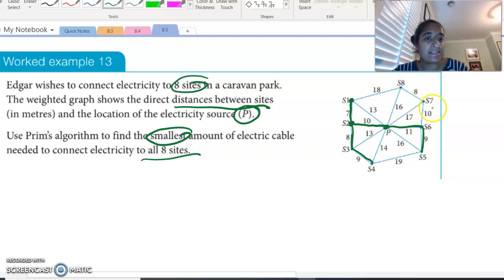Maybe we can connect this S7. If I go via this, is it easier to go via 17 or 10? It's easier to go via 10. Here, the next shortest one, am I going to choose 16, 8, or 18? The shortest is 8. And we have now connected all of our vertices with the smallest amount of distance.